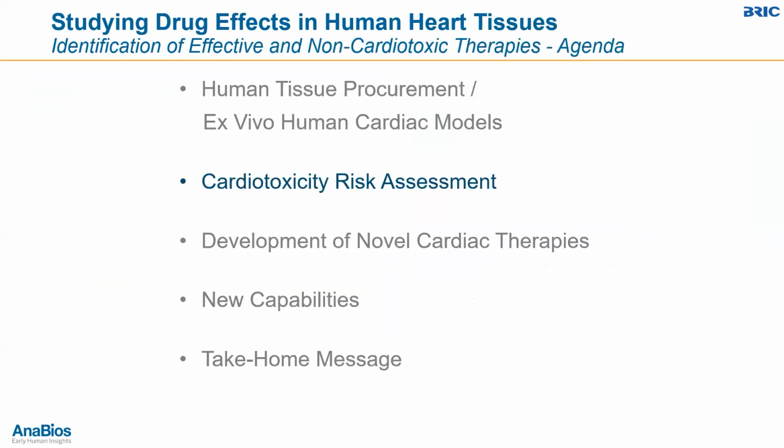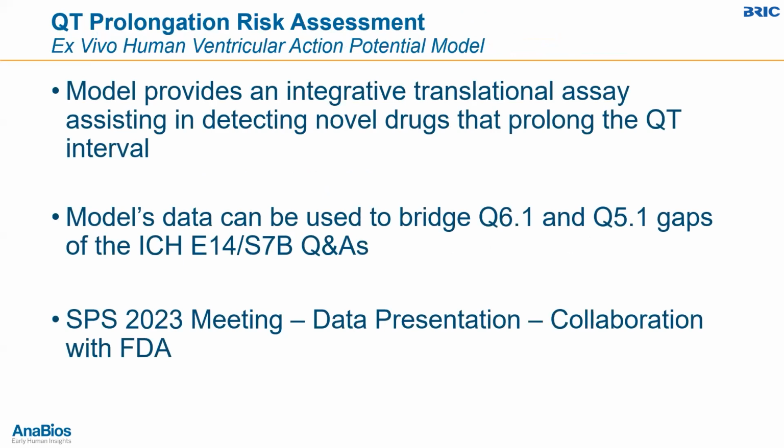I will now show you examples of how the models can be used to assess the cardiotoxic potential of novel drugs. The first model I will present to you is the human ventricular action potential model. These models can be used to assess the potential of novel drugs to prolong the QT interval, and also can be used to help assess or bridge the gaps when it comes to the E14/S7B Q&A document.